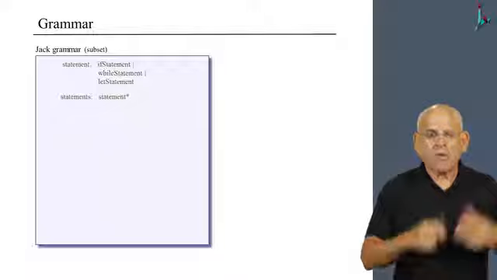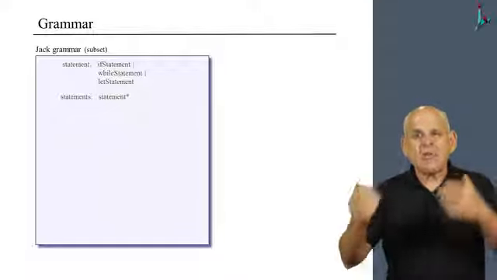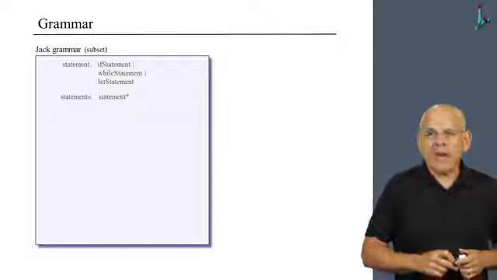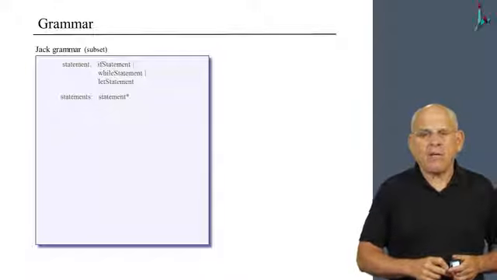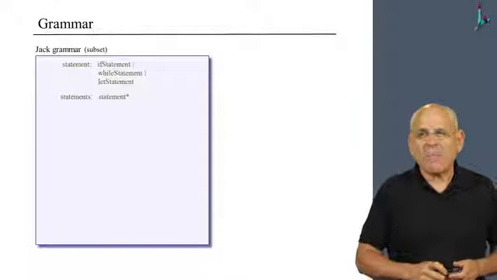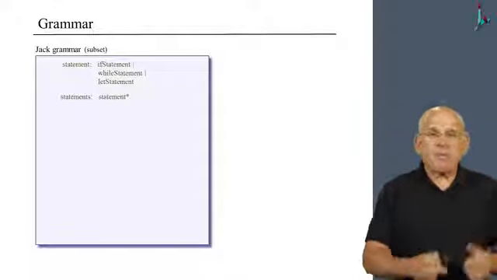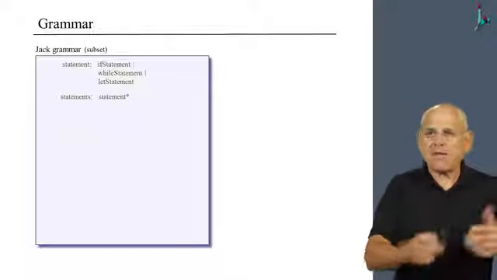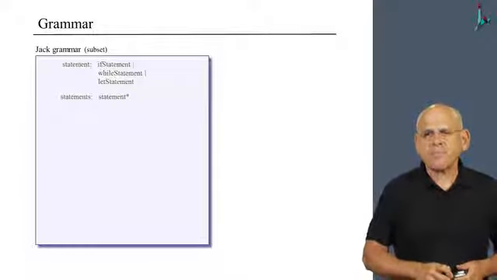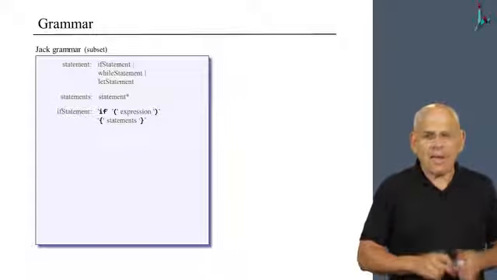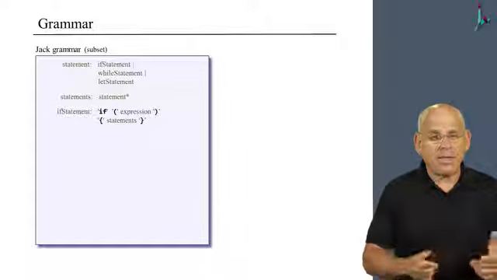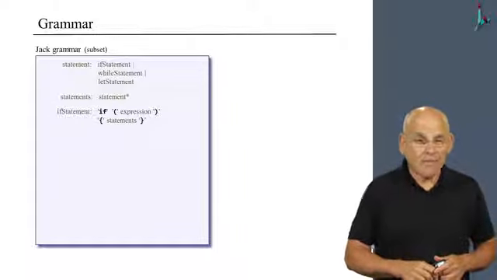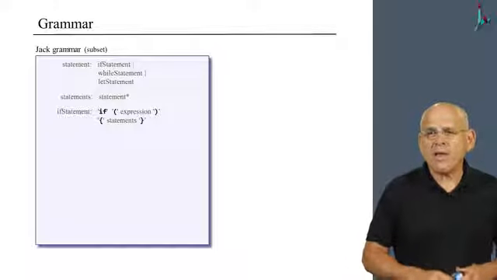So once again, what is statements? It is zero or more occurrences of the statement pattern. And the statement pattern is either an if statement, a while, or a let. Okay, then I have an if statement. An if statement is something that begins with a constant if, the token if you will.